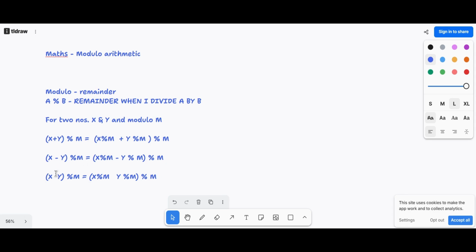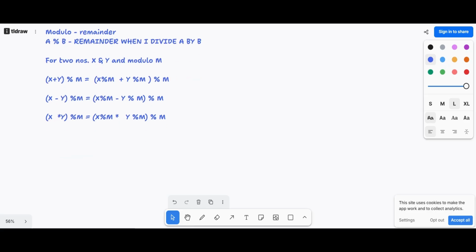But this couldn't be the case for division. Okay, this shouldn't be the case for division, because for division, if it's x divided by y modulo m, then it should be x modulo m multiplied by y inverse.